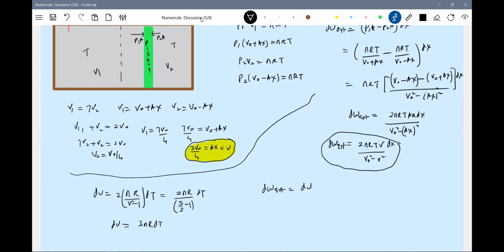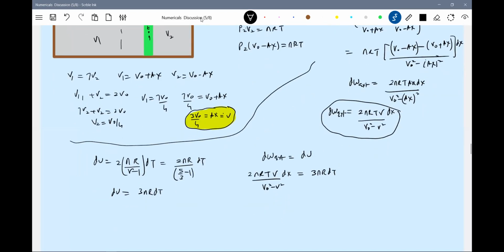The work the X agent did got converted into rising internal energy of the system. So this will become 2 nR V dV over V naught square minus V square, into dx, equal to 3 nR dT. nR cancels. So this becomes 2 V dx over V naught square minus V square equal to 3 dT. Let's integrate this.